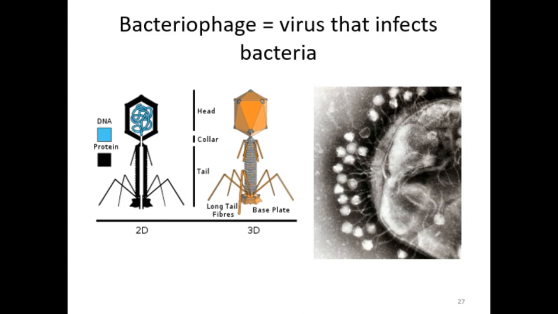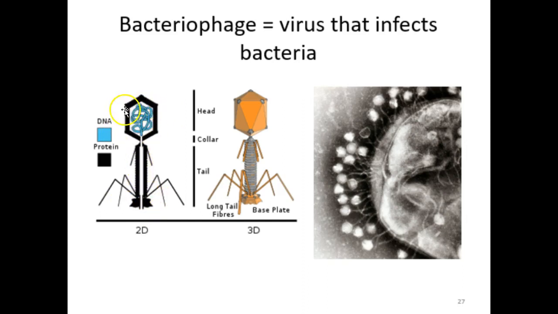So what are bacteriophage? They are viruses that infect bacteria. We also use the term phage to refer to the viruses that infect archaea. Shown on the left is a cartoon depicting the parts of a bacteriophage. Here we've got the head of the phage and the tail of the phage.